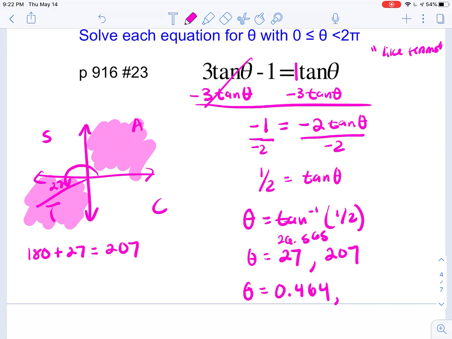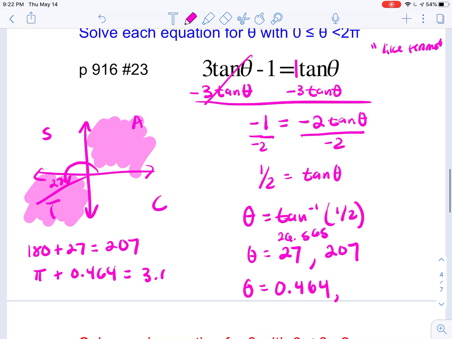Now the question is, how do we find the other one that corresponds to 207? Well, remember, we added 180 plus 27 equal to 207 to get that answer. So here we're going to add the radian equivalent of 180, which is pi, plus the radian equivalent of this 27 degrees, which is 0.47, and I would use whatever's in your calculator.